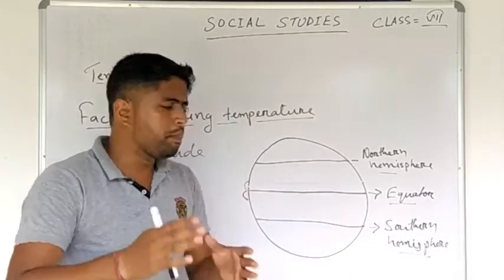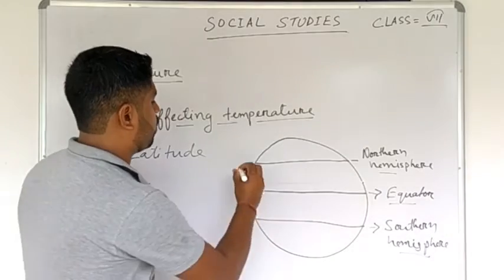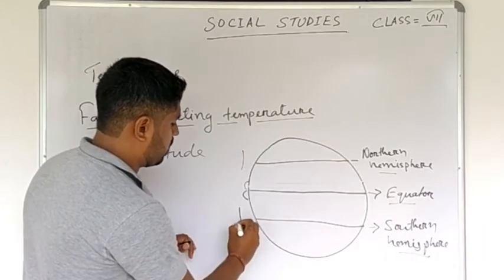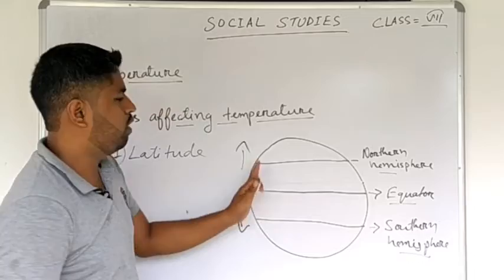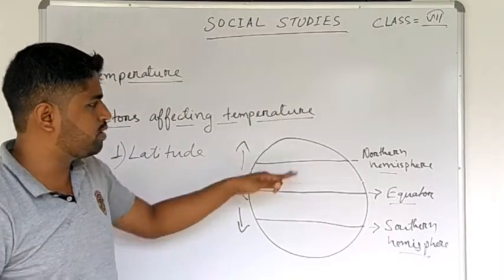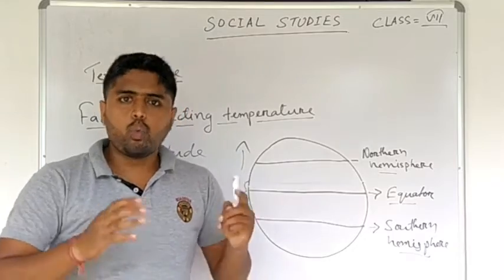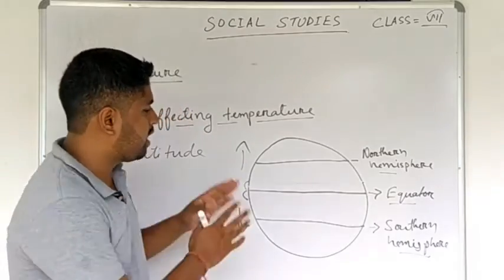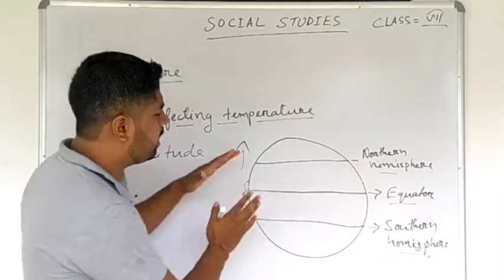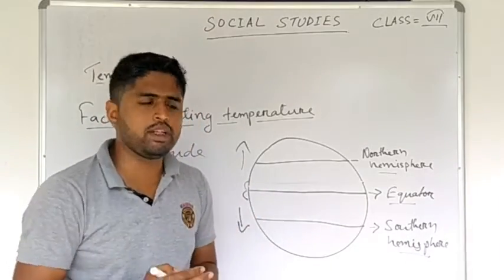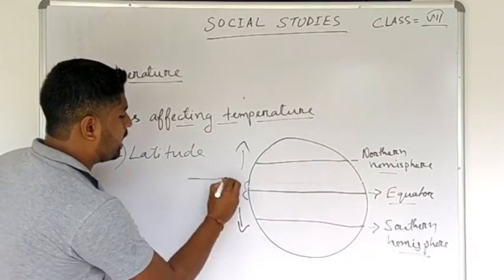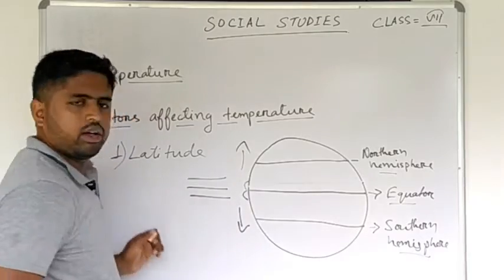Now the more you go upward towards the northern hemisphere or downward towards the southern hemisphere, the temperature starts decreasing. Why does it start decreasing? Because the sunlight falls directly on the equator in a vertical manner, which means the sun rays fall directly. Clear?